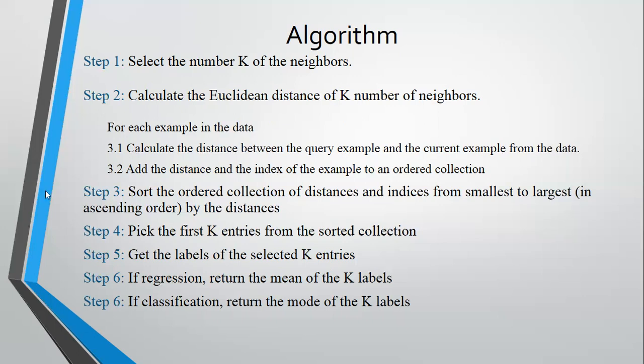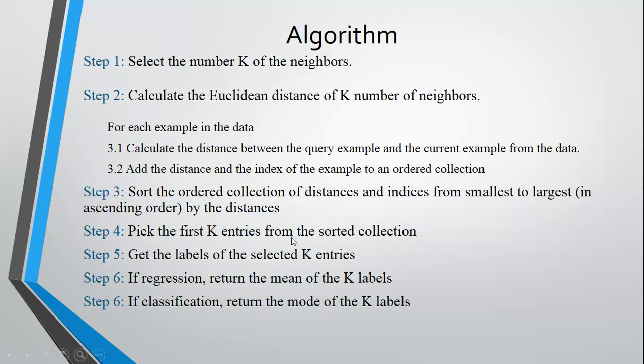After that, the next step: sort the ordered collection of distances in ascending order. After finding the distances and assigning an index for all of them, we sort the index in ascending order. Now pick the first K entries from the sorted collection.